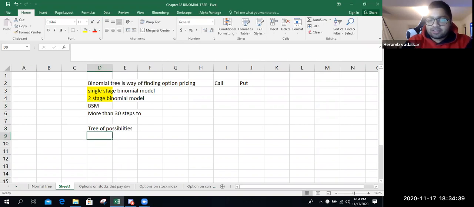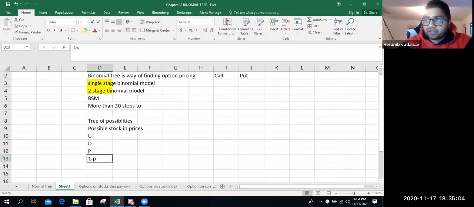So we take into consideration possible stock prices in future, based on certain variables: U, D, P, and 1 minus P. So we create a binomial tree using these variables. How to calculate them, we'll discuss, but conceptually you need to understand what's happening.